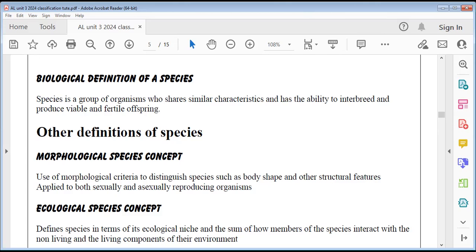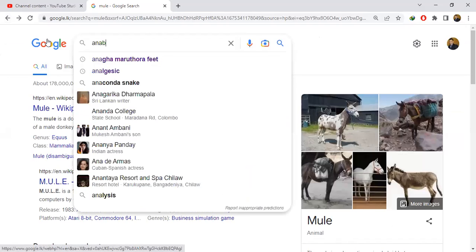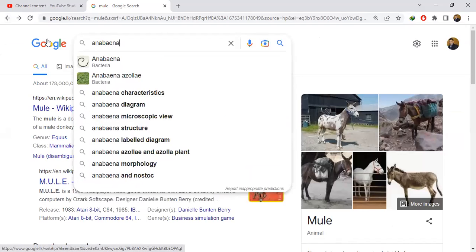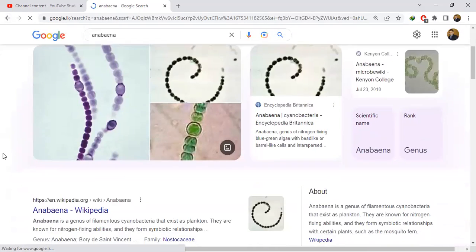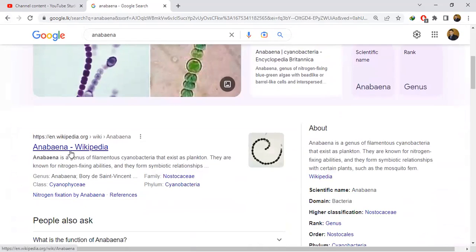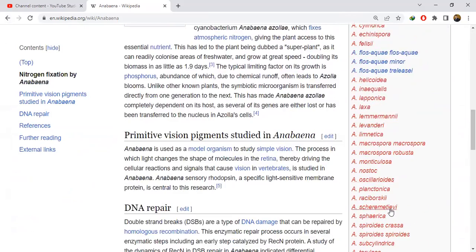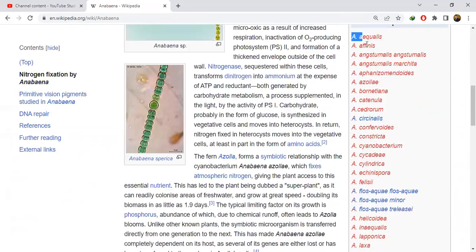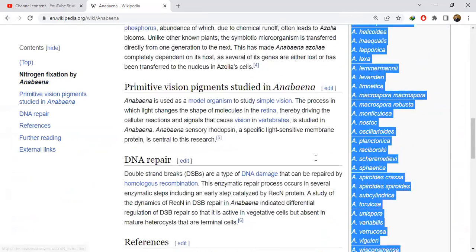Okay, there is a cyanobacteria called Anabaena. Anabaena is a cyanobacteria. If you take Anabaena, see, this many species are there. Full of species are there.